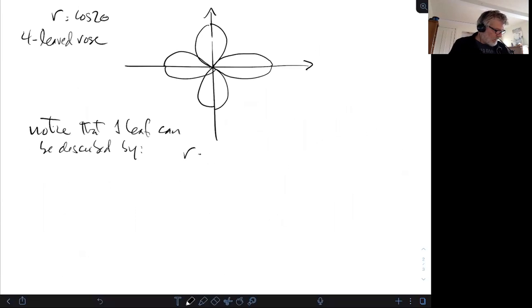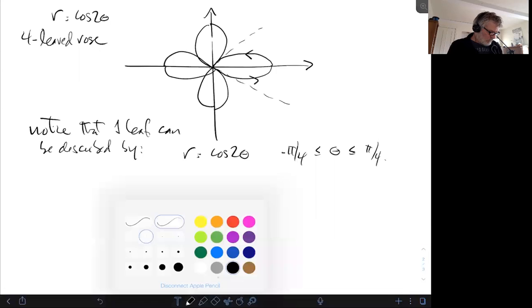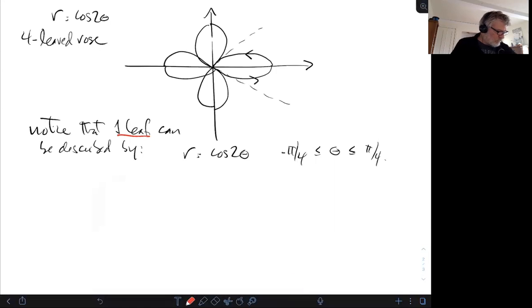So it's r equals cos 2 theta, with theta between minus pi over 4 and pi over 4. It'll give you that piece only. Okay.